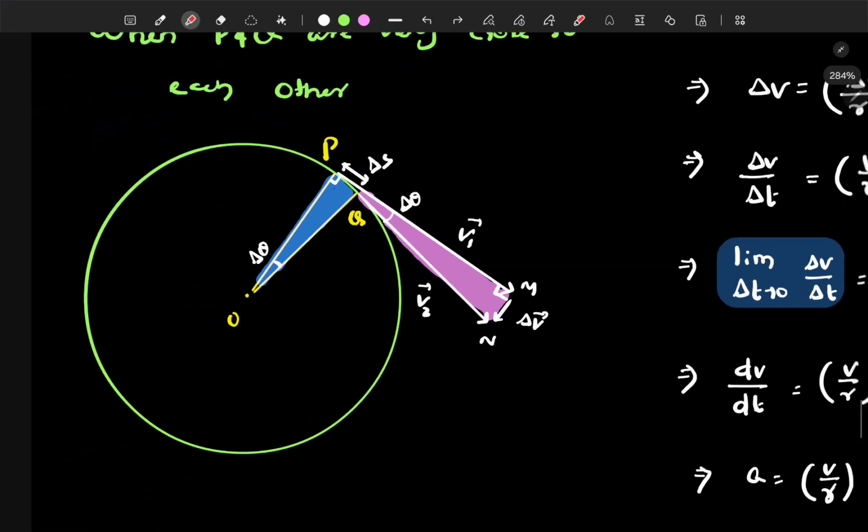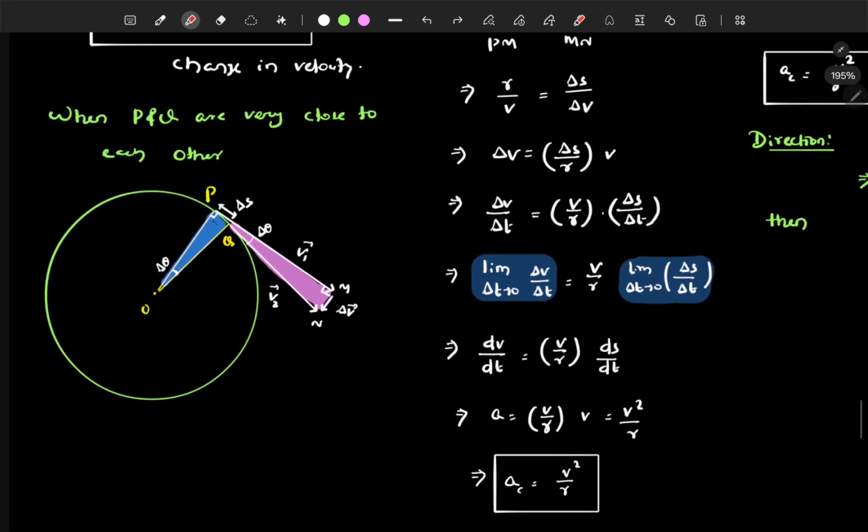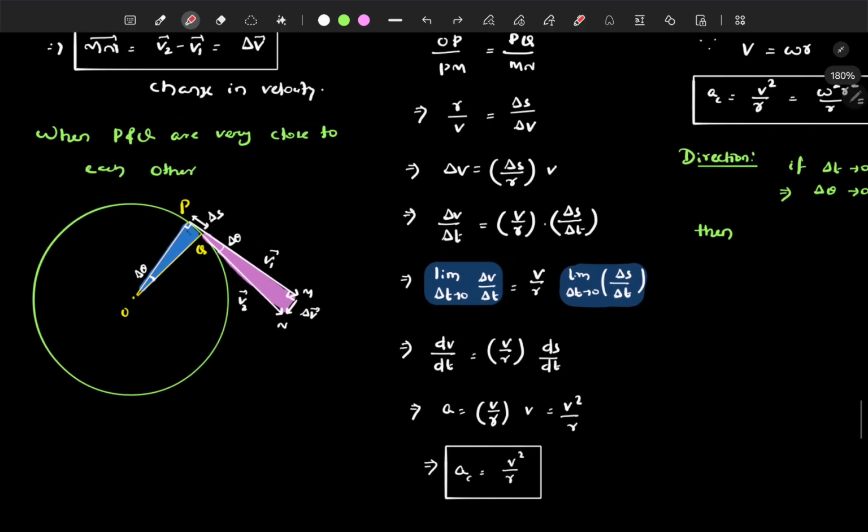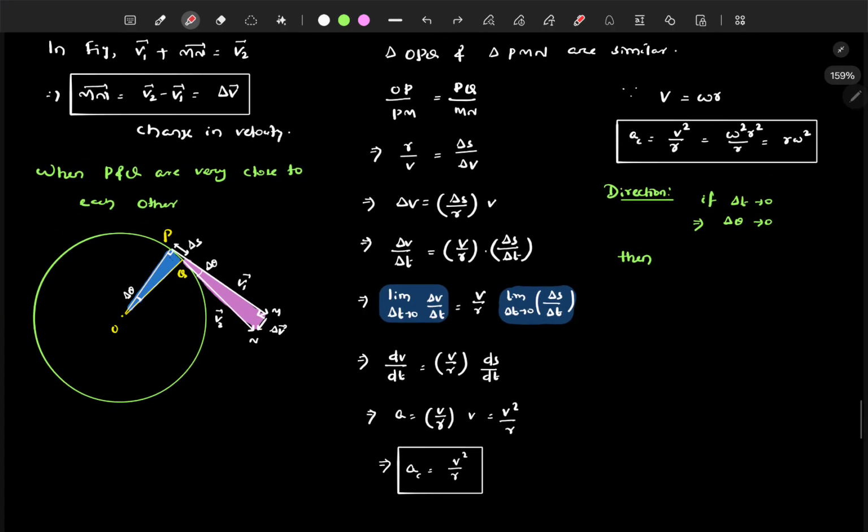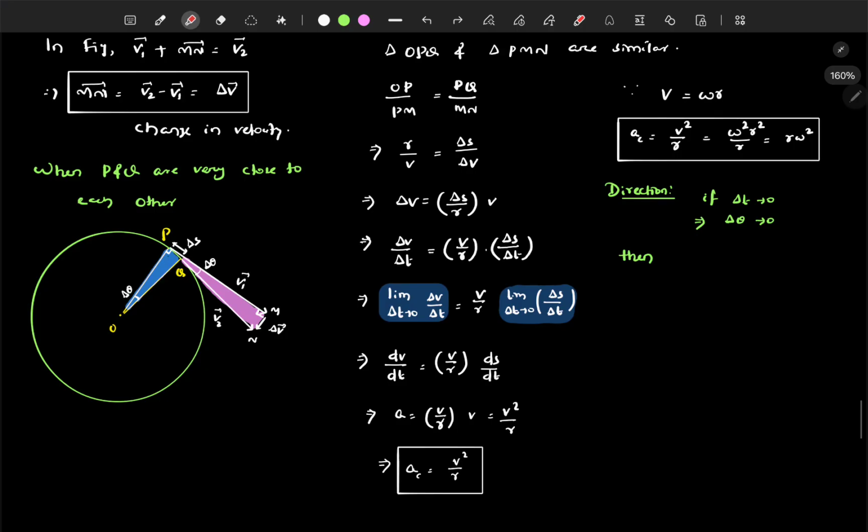So now we can write it in a very systematic way. When delta t tends to 0, at that moment delta theta tends to 0, then angle OPM is equal to angle PMN, that is equal to 90 degrees. So for this we will get MN and OP both are parallel.